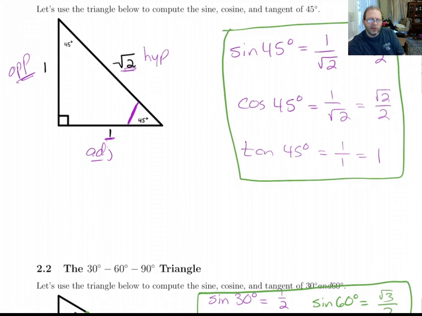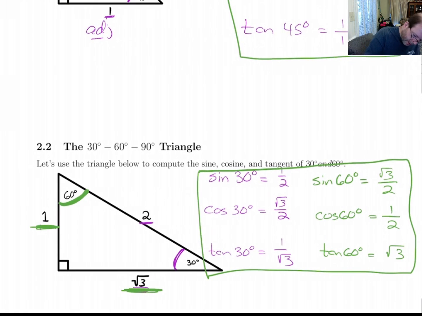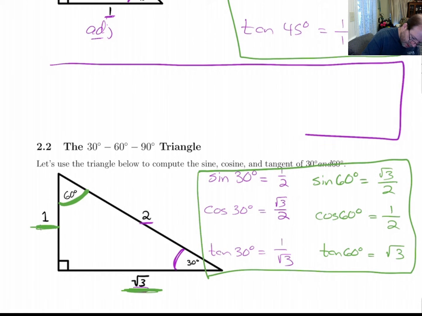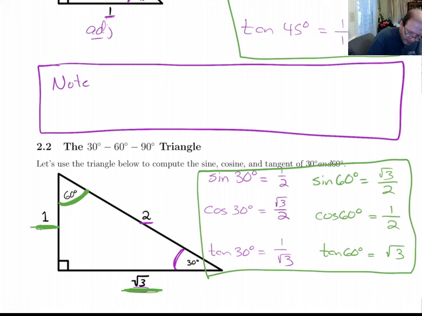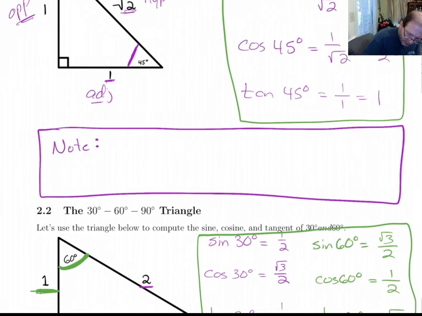One other thing I want to mention, depending on the kind of calculator you have, you might use a calculator at some point and get the sine of 45 degrees. These numbers are important. A couple of things you should know. I'm going to just write it in here. The decimal value of these things, square root of 2 over 2.